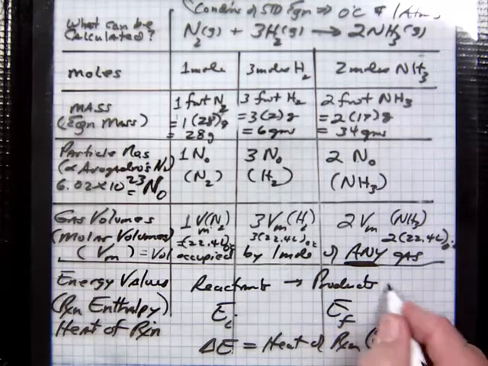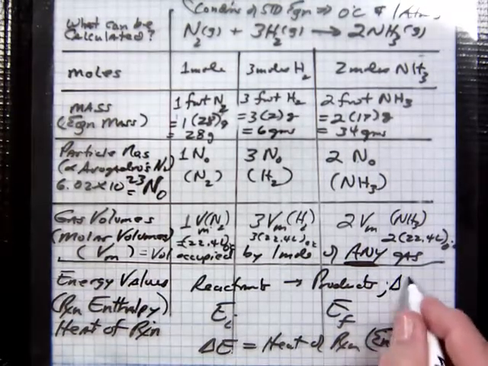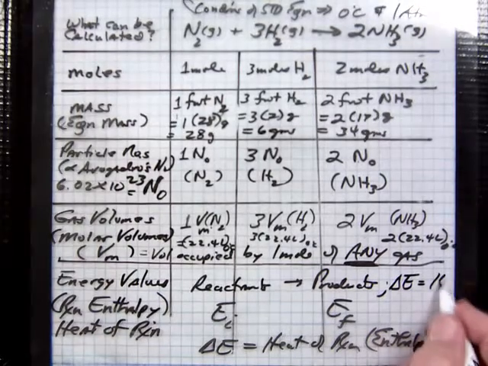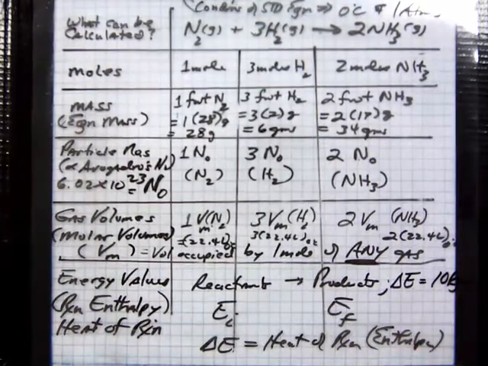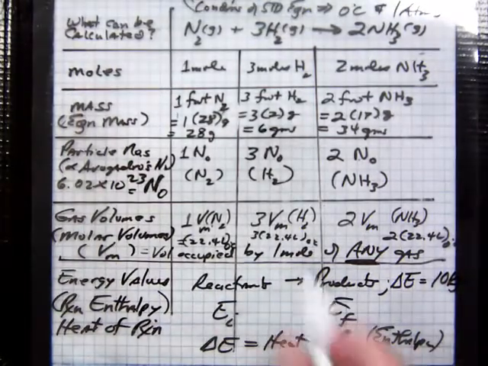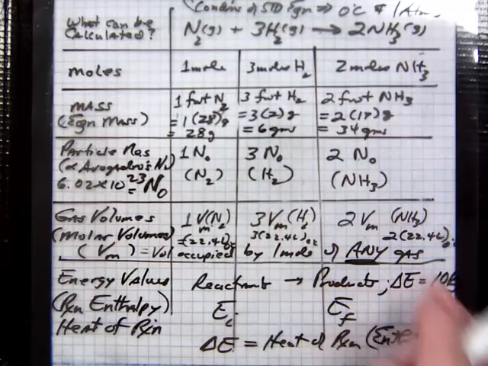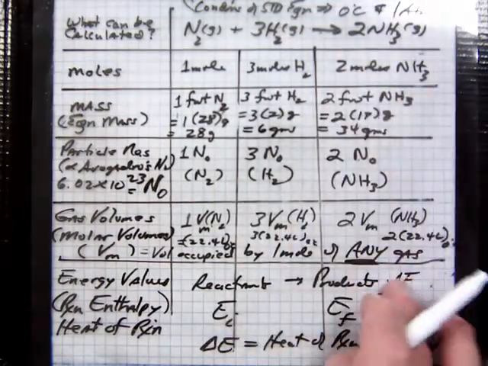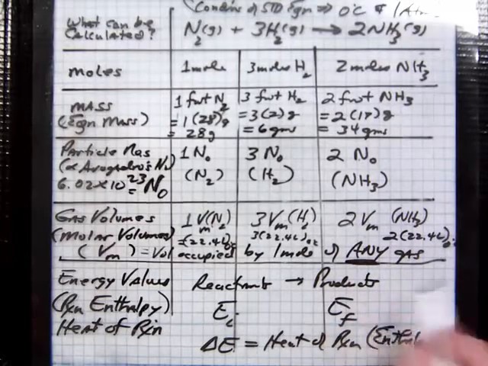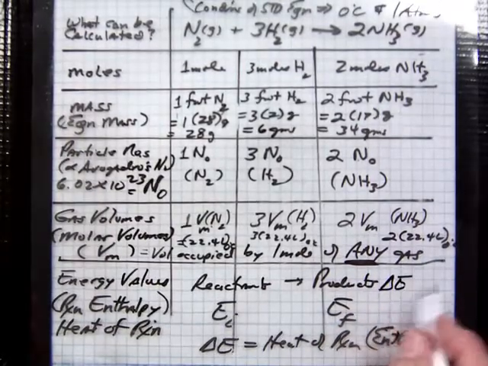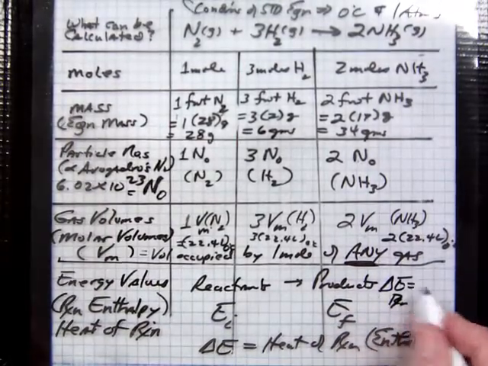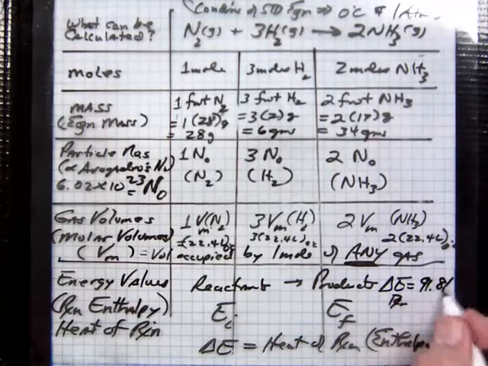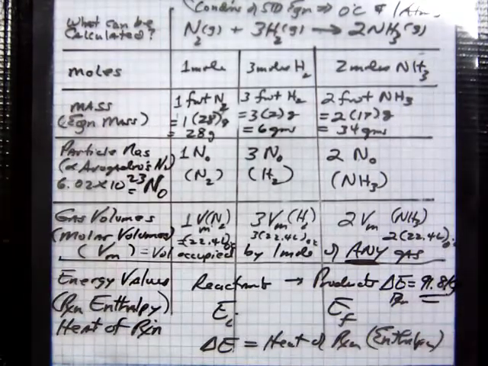Say delta E is 10 kilojoules. As a matter of fact, let me give you exactly what it is for this reaction. The energy of this reaction is 91.8 kilojoules. I do know that. Where it comes from, you'll learn in chapter 6.